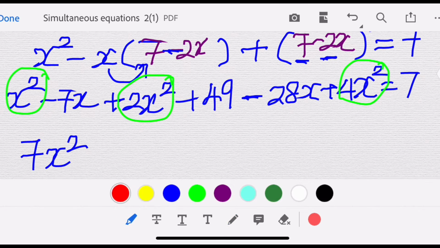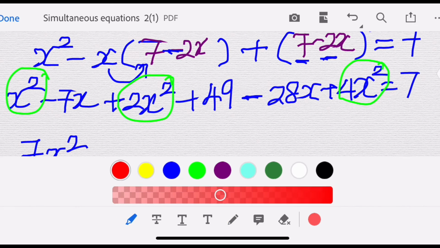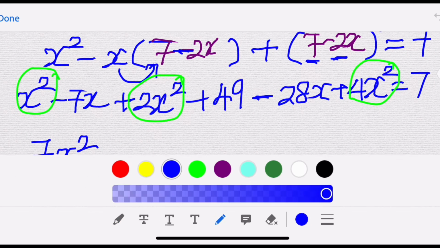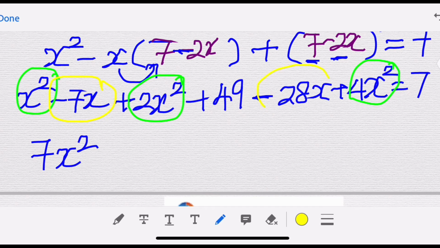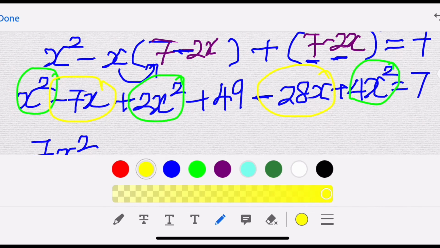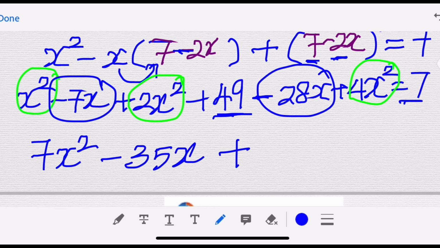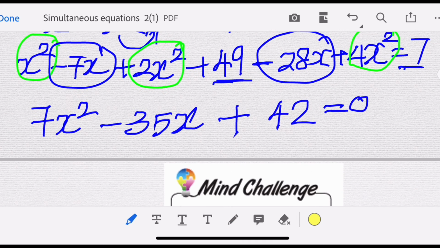And then let's check how many like terms for x. We have negative 7, negative 28, so it will be minus 35x. And for the number, we have 49 minus 7, which is 42, positive, right? Double check.